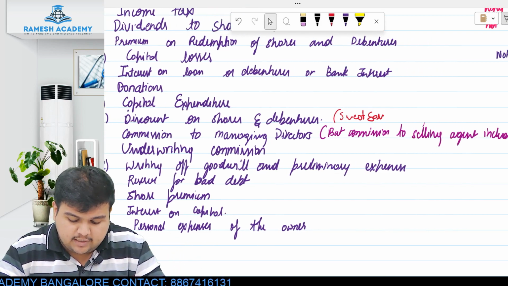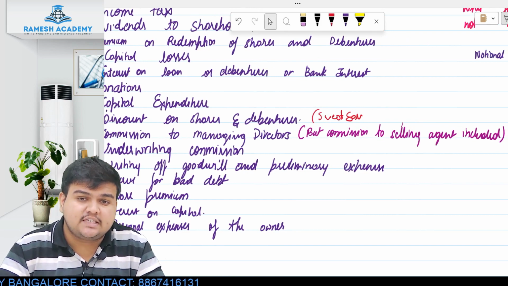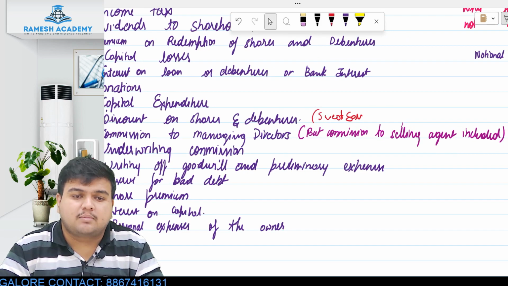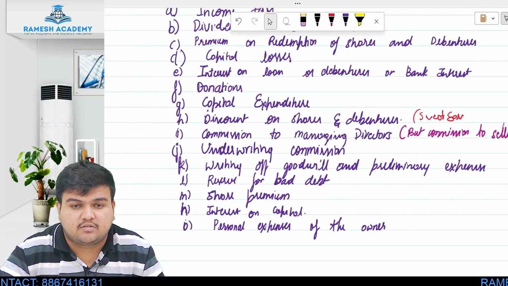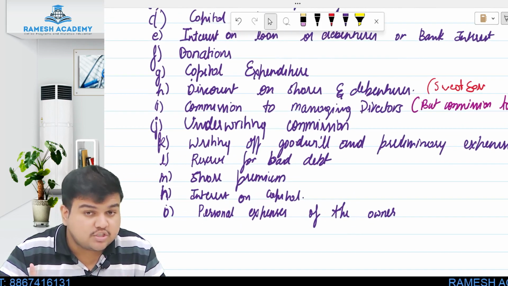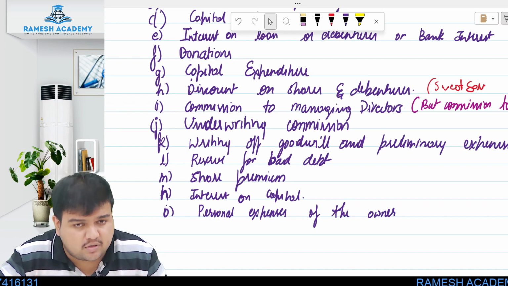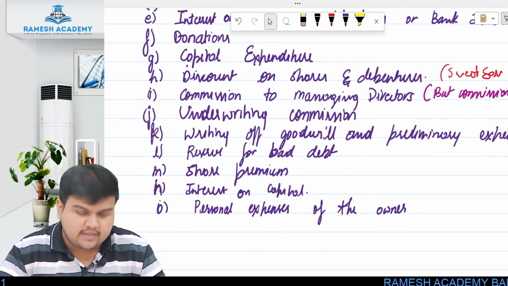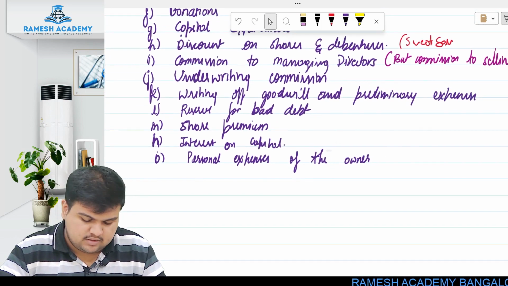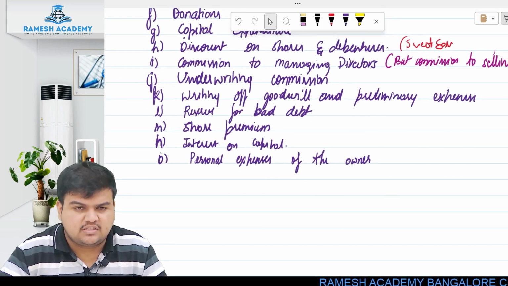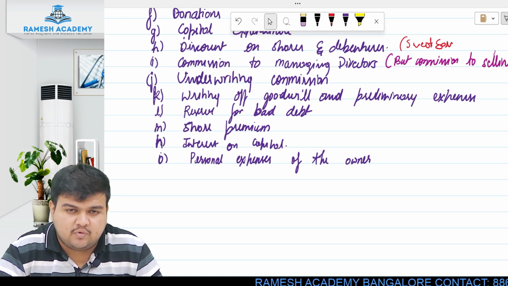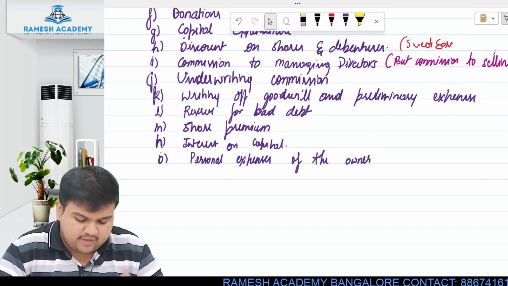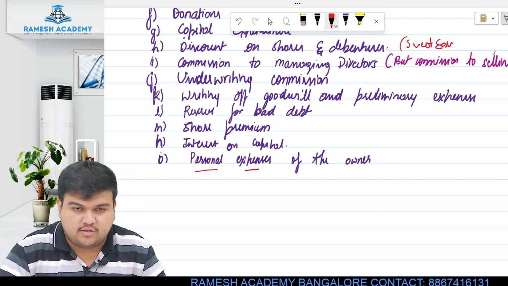But commission to the selling agent should be included. Commission to the managing director should not be included, because his primary duty is not selling the products. Then underwriting commission, writing off of goodwill and preliminary expenses, reserve for bad debt, share premium. These you could easily understand, but just have a look at them and never include them. And personal expenses of the owner.